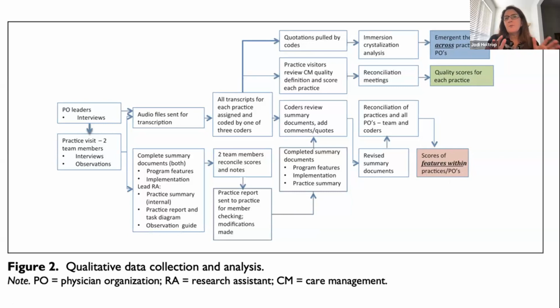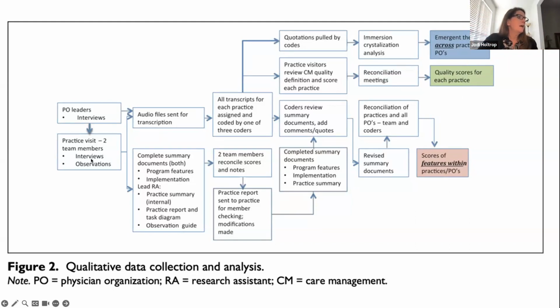So imagine 5 practices work for one practice organization, okay? There were, I think, 50 something practices in this overall study, organized, I think, under 5 practice organizations. But you can see how the interviews helped us get all the way over here to some scores for each practice and some themes across practices.